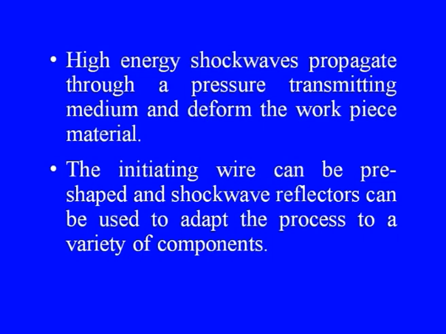High energy shock waves propagate through a pressure transmitting medium and deform the workpiece material. The initiating wire can be pre-shaped and shock wave reflectors can be used to adapt the process to a variety of components.